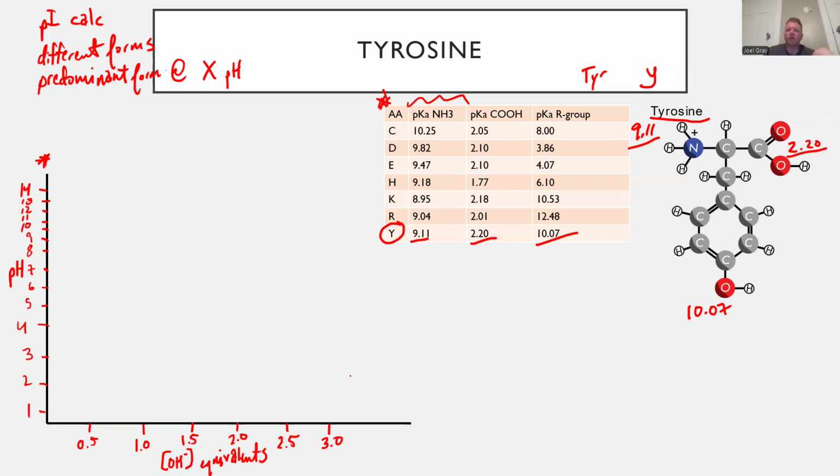My first pKa value, my lowest pKa value, is 2.20. That's going to be my first half marking. My next pKa value, my next highest pKa, is 9.11. That's going to correspond to my next half value, which is 1.5. So I'm going to make a rough estimation straight up from that 1.5.